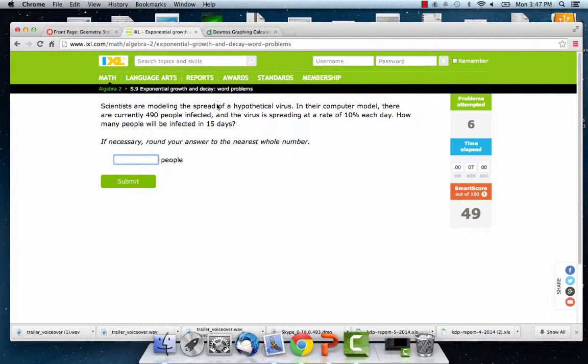Scientists are modeling the spread of a hypothetical virus. In their computer model, there are currently 490 people infected, and the virus is spreading at a rate of 10% each day. Okay, so what that means is it's an increase of 10%. So you remember if you have an increase of percentage, then it's 1 plus, and then you make that percentage a decimal, so you move the decimal twice.